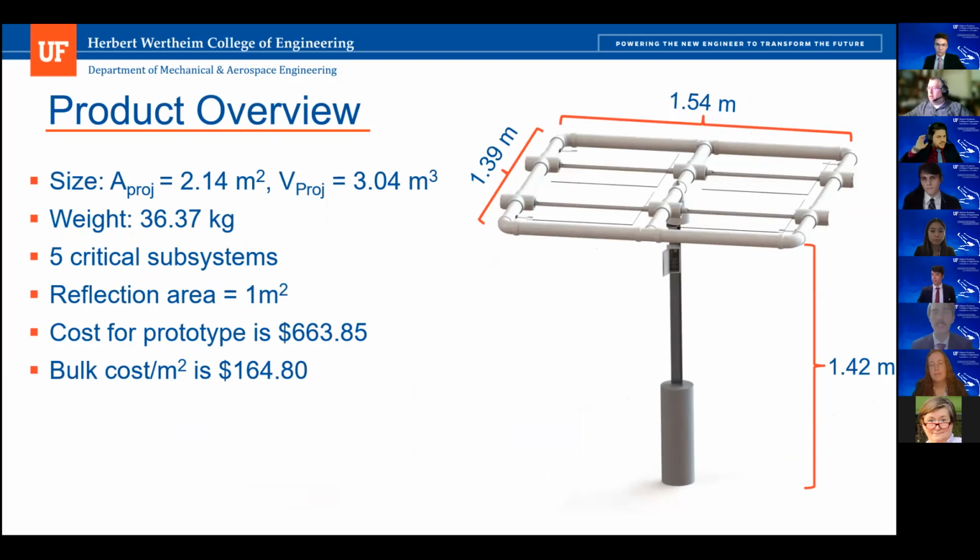Small-scale heliostat technology by maintaining a small footprint relative to the reflection area of 1 square meter, with a size ratio of 2.14 when compared with the projected area of the clear PVC support frame.